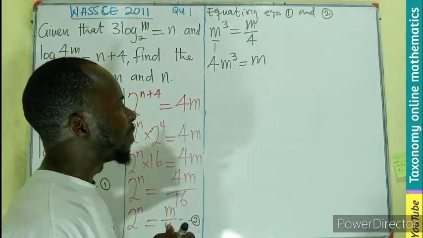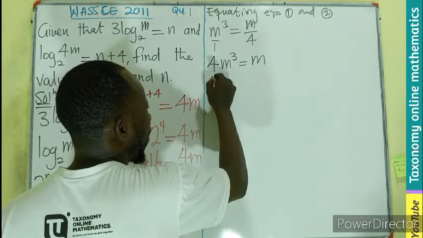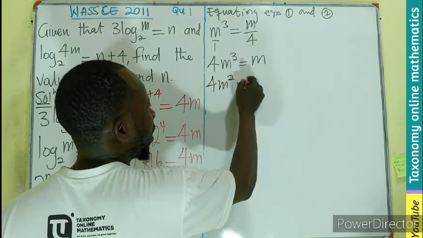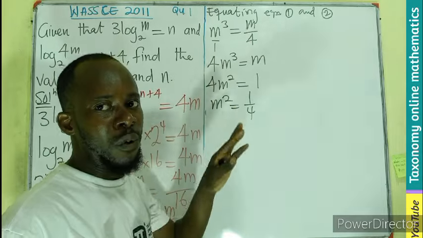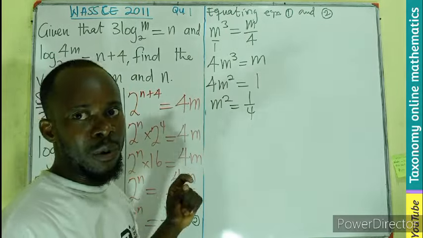If you divide both sides by m, you'll be left with 4m squared equals 1. Do you see that? This m divided by m will cancel here. So let's send back our 4 to make m squared equals 1 over 4. We could have done the same thing earlier by dividing both sides by m, but it is clearer in this form.